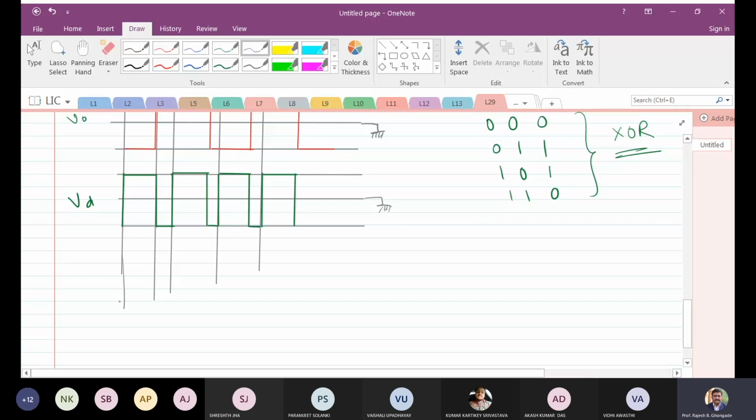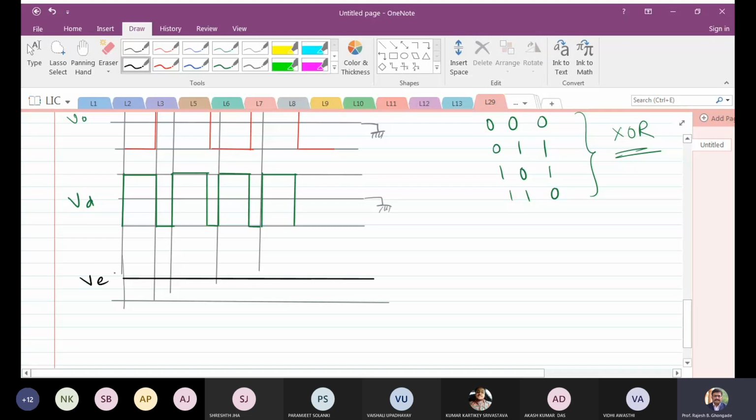The error signal is nothing but a DC value that we want. So we'll see that. So this is the error signal that is generated. We'll call this as VE.